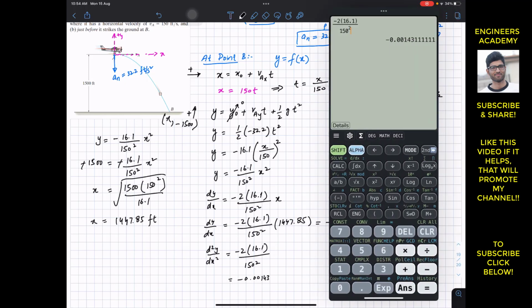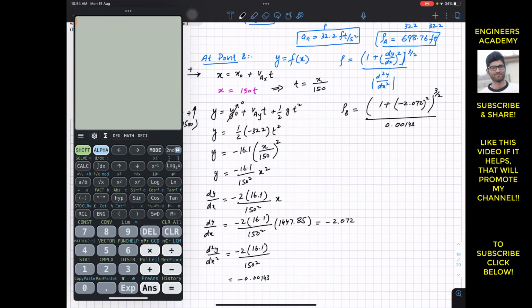So now let's find this radius of curvature at point B. So that is 1 plus minus 2.072 square to the power 3 divided by 2. So 3 divided by 2 is 1.5, divided by 0.00143. So this gives us the radius of curvature at point B equals 8516 feet.